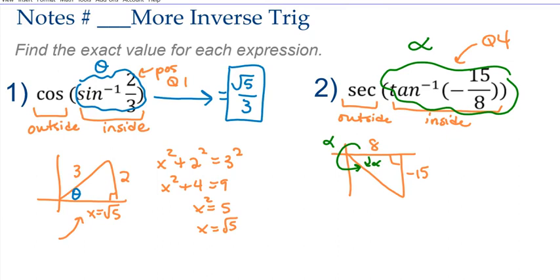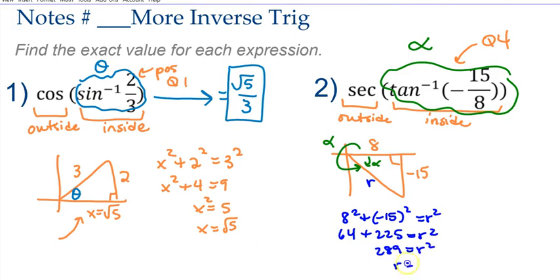Okay, now using the Pythagorean theorem again to get the missing side, we'll call the missing side r. So we have 8 squared plus negative 15 squared equals r squared. So we have 64 plus 225 equals r squared. So 289 equals r squared, and r is 17.